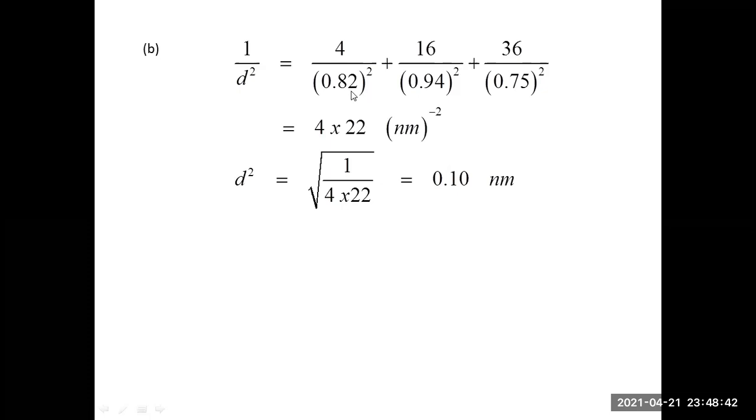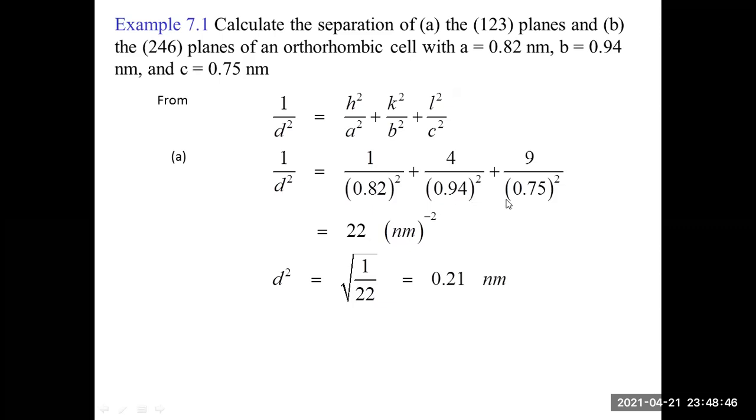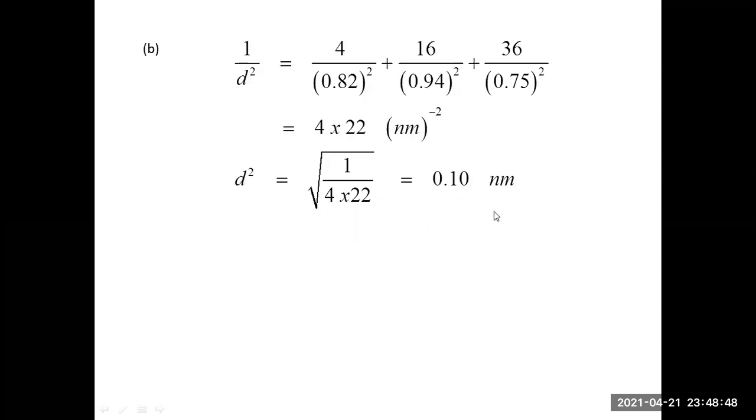The denominators are the same: 0.82, 0.94, 0.75. So the ultimate value is found to be 4 into 22 nanometer to the power of 4. In the same way, D square is equal to 1 by 4 into 22, and you'll get the value of D as 0.10 nanometer.